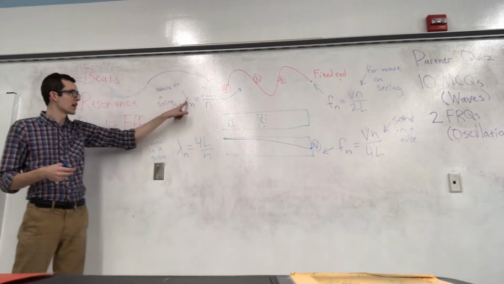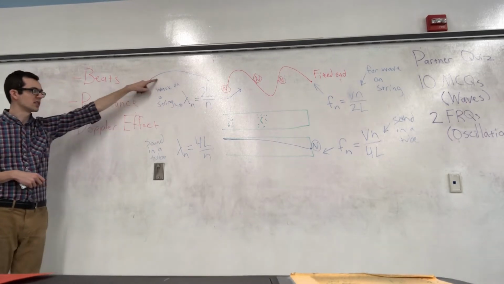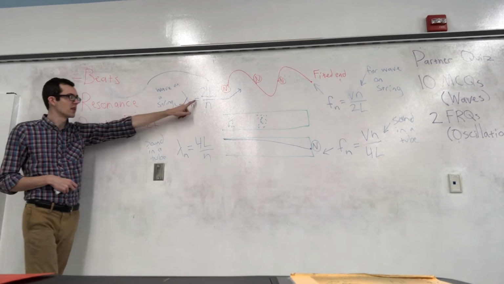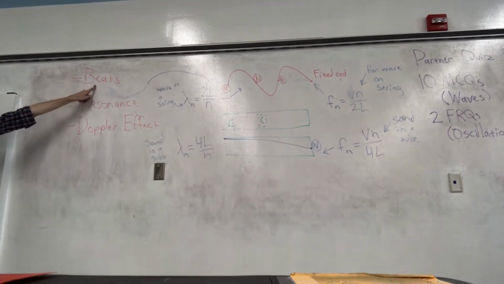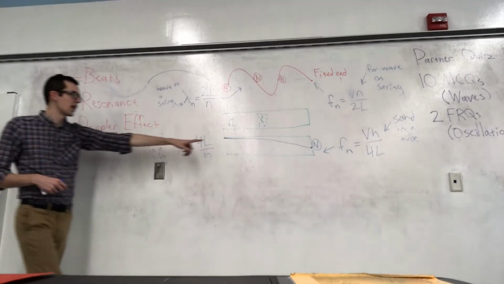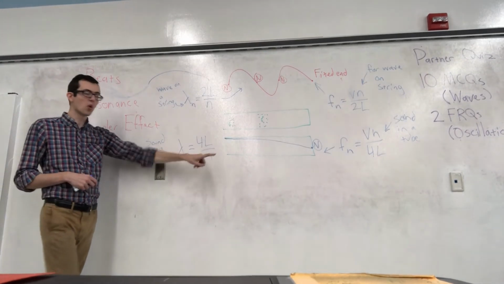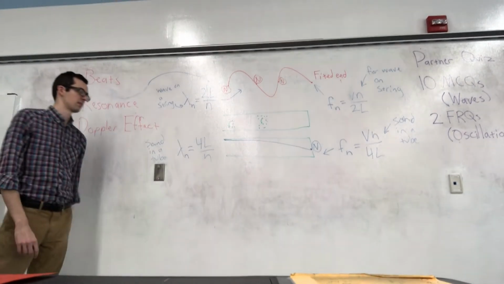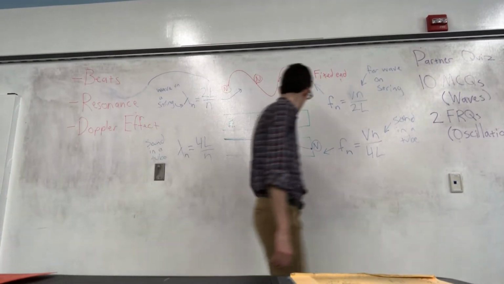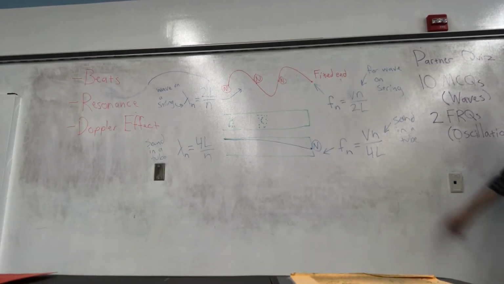So for n equals 1, the wavelength of this wave is 2L divided by 1, because we have to go twice that distance to get a full wavelength. In this case, the wavelength for n equals 1 is 4L, because we have to go 4 times this distance to get one full wavelength. And then the frequency equations are just related to that as well: Vn over 4L versus Vn over 2L.